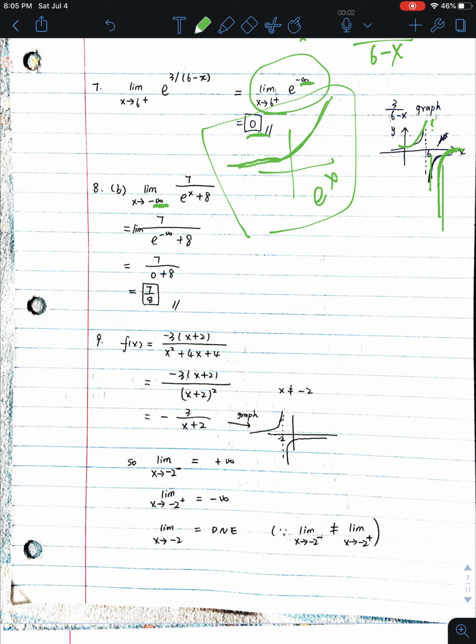It's an increasing function. So when x goes to positive infinity, it goes to infinity. When x goes to negative infinity, it goes to 0. So that's why when x goes to negative infinity, this part goes to 0, but 7 and 8 stay the same. So the answer is 7 over 8.